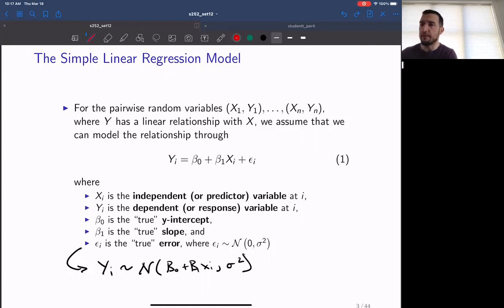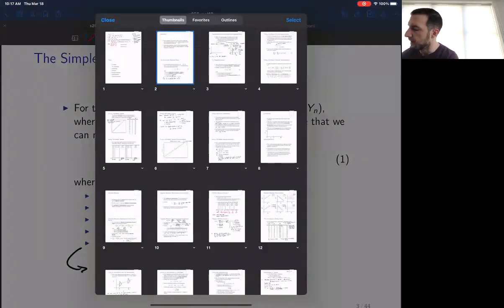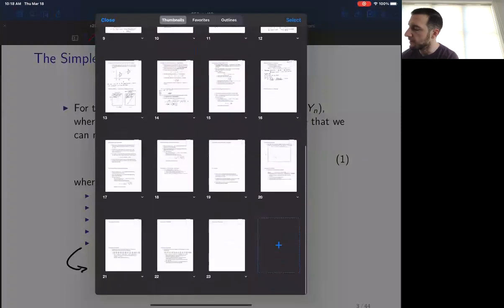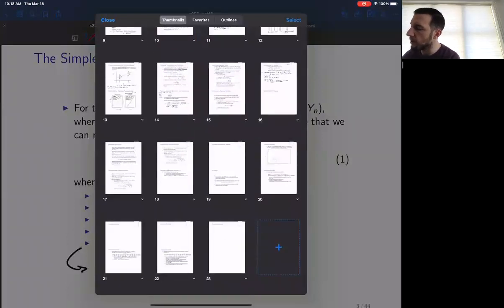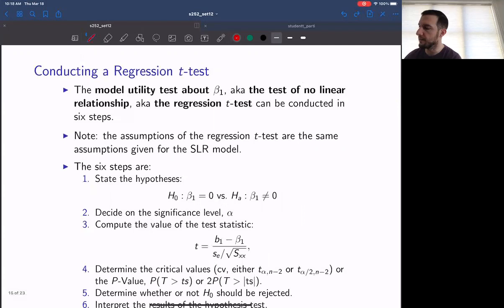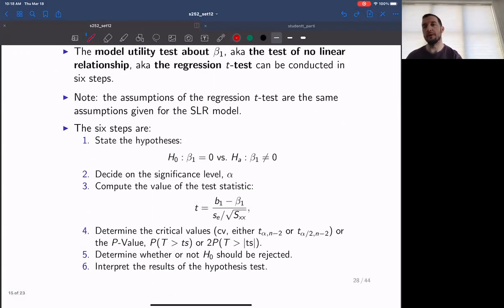So the purpose of the hypothesis test that we're looking at, in particular the hypothesis test about beta 1, is to search for statistical evidence to determine if there is actually a meaningful relationship between the explanatory variable and the response variable.